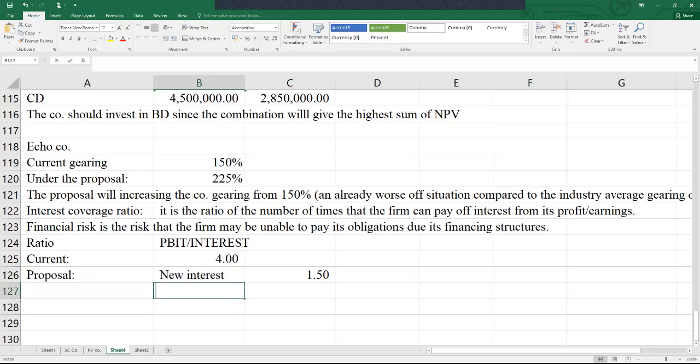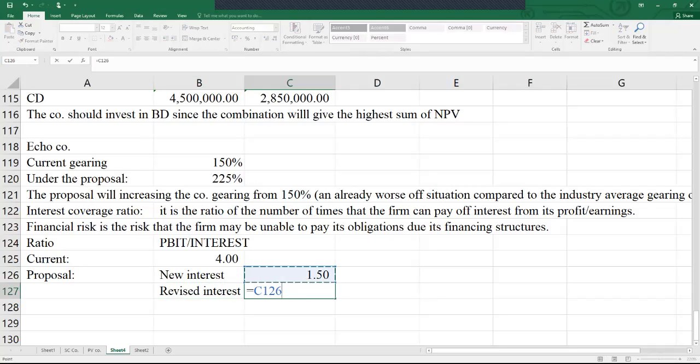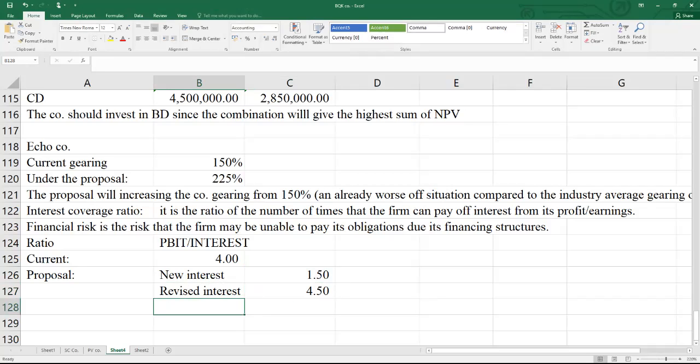Therefore, the revised total interest will be 1.5 million from the new debt you have issued plus the old interest you used to pay, which was equal to 3 million. In total, this company will pay 4.5 million worth of interest. The profit is not increasing.